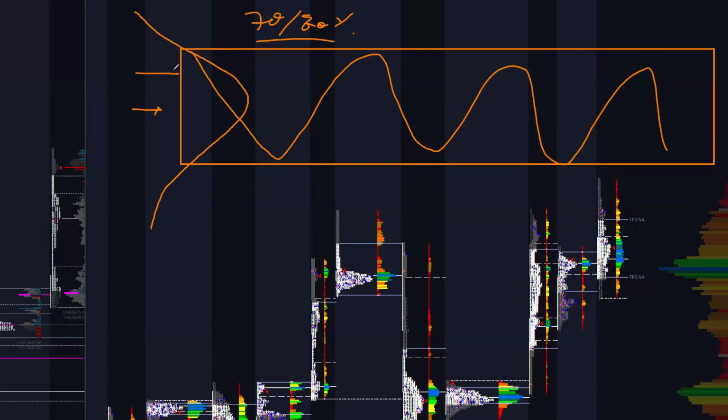So generally speaking, when we see the markets, we're mostly watching as prices trade within a distribution. This is an area that has a very large volume cluster that gets created, and prices feel very homey here. It feels comfortable. It wants to stay in this balanced area. It wants to stay where all the volume's at.